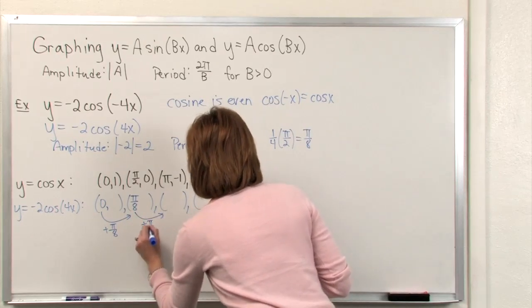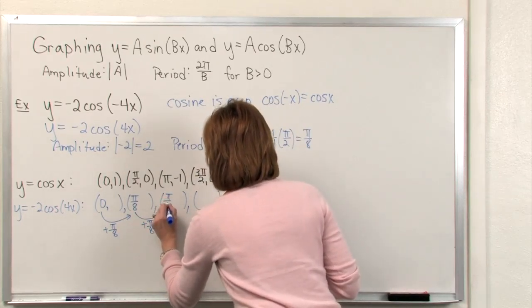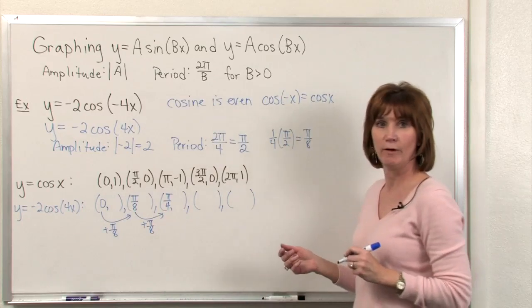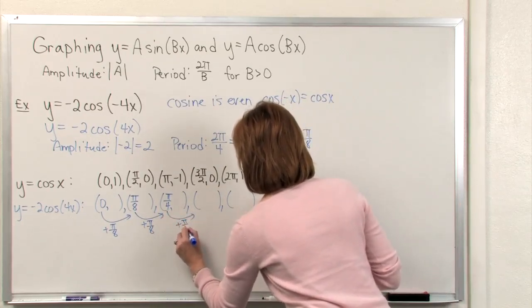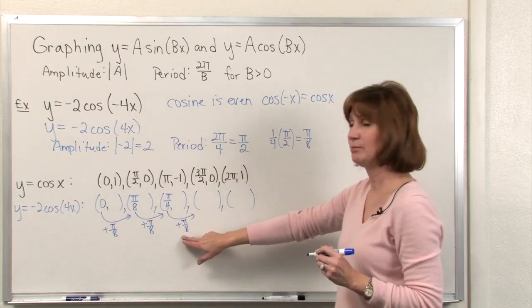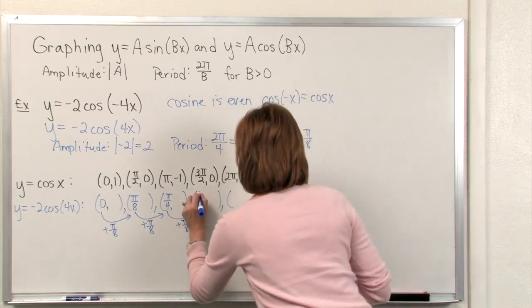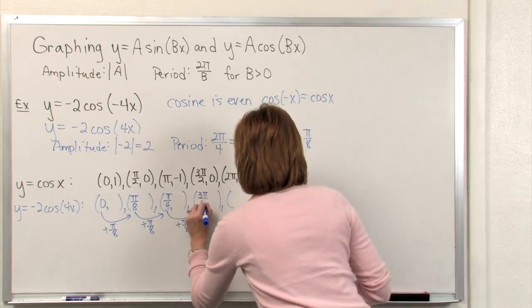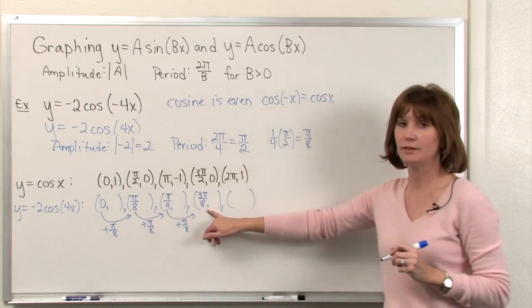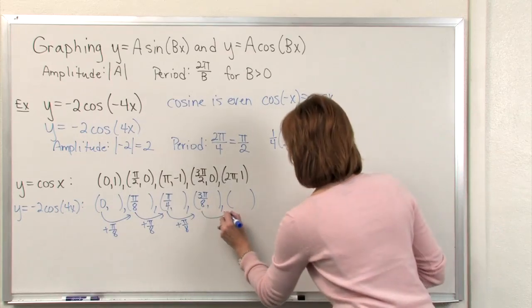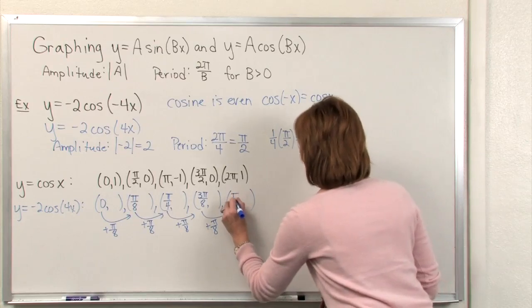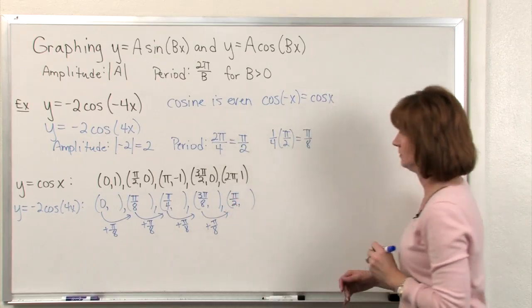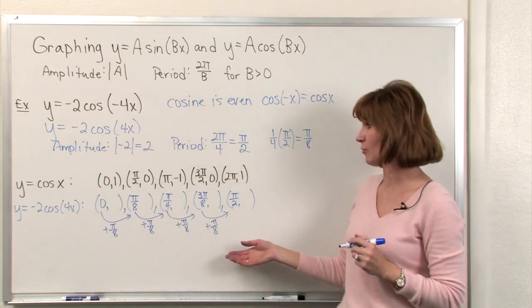Well, that's 2 pi over 8, which you reduce to pi over 4. And then keep adding pi over 8. That's 2 pi over 8 plus pi over 8 gives you 3 pi over 8. And then 3 pi over 8 plus another pi over 8 gives you 4 pi over 8, which of course is pi over 2. So those are our x-coordinates for our quarter points.